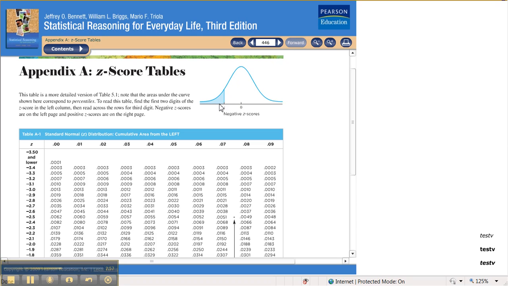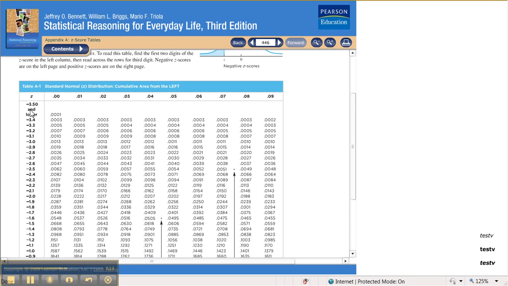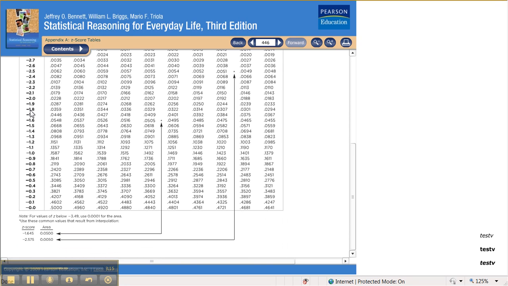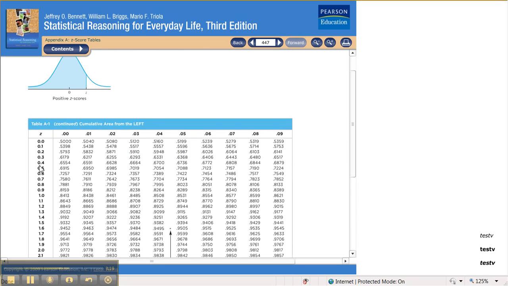Negatives are to the left of 0. Positives are to the right of 0. So the z-value would be over here somewhere to the right. And we would find the area under the normal curve to the left of 0.26. These are the negative z-values, and we go to the next page to get the positive z-values here.